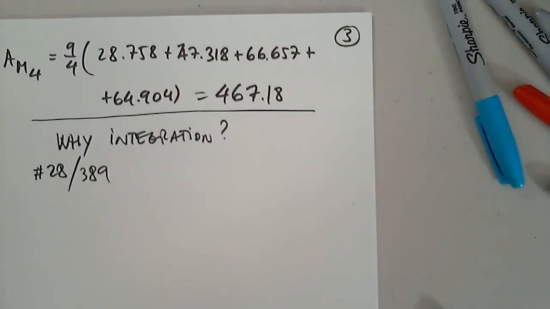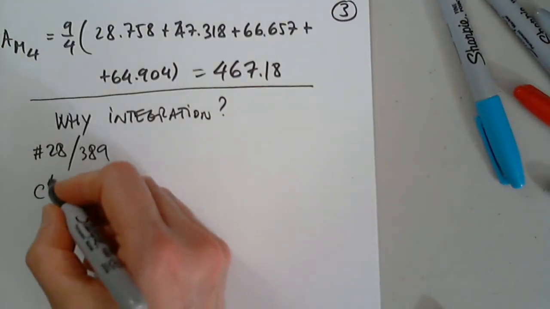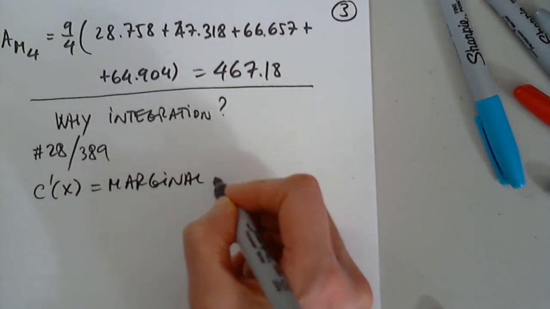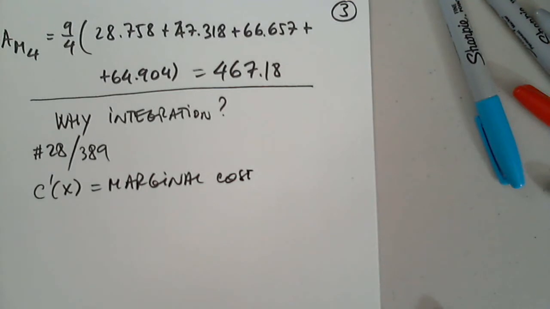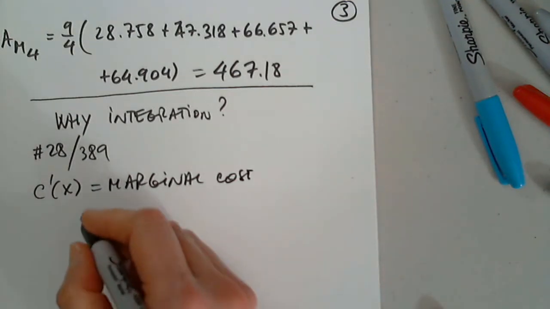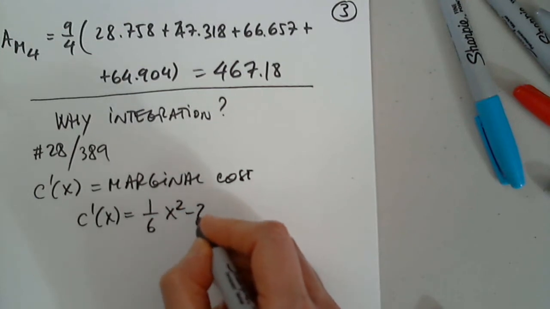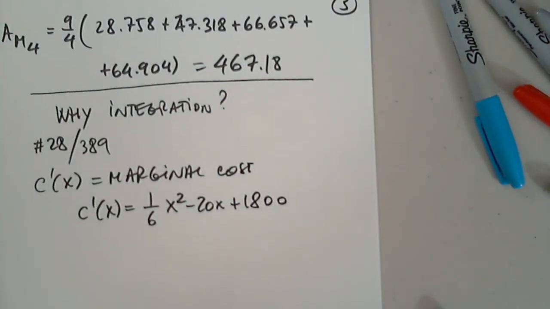You'll let me know. So we are given the marginal cost, and we know that the marginal cost is the derivative, and the derivative is given to us. C prime of x equals 1 over 6 x squared minus 20x plus 1800.